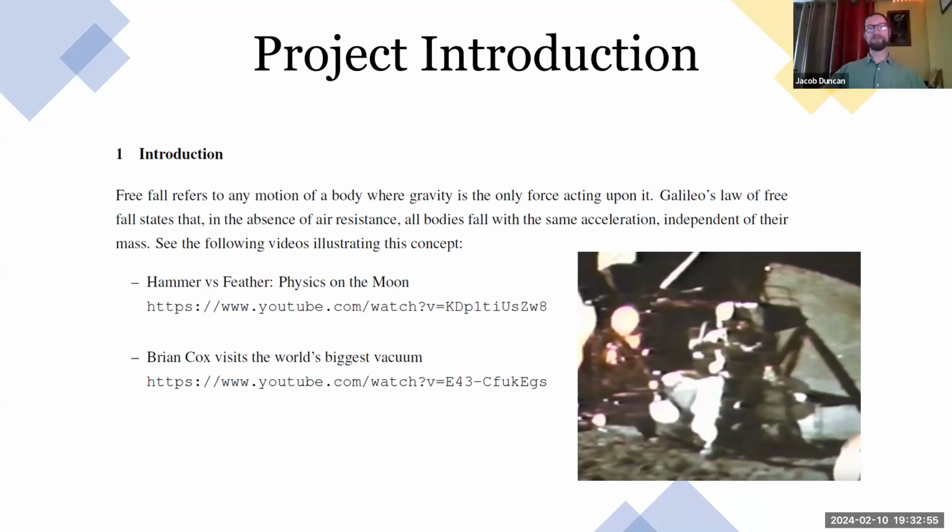You can see they hit the ground at the same time. Pretty cool. And then there's a more modern version of that experiment on a YouTube channel, where they're in a giant vacuum chamber and they do the same thing with a bowling ball and a feather, and you can see them hit the ground at the same time.